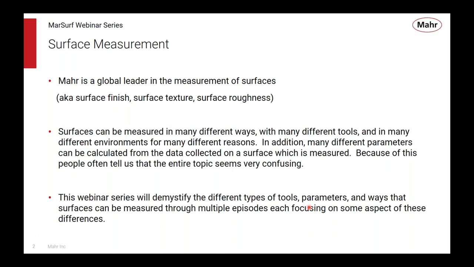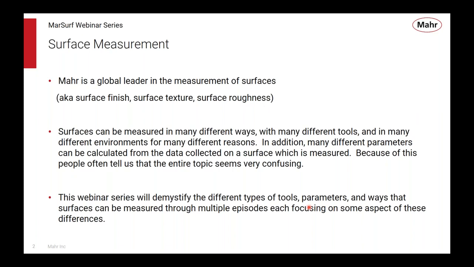Our customers often tell us this is quite confusing, because there are so many different ways to do it and so many different parameters and so many different tools. Some of them have advantages and disadvantages, and some of them can measure certain parameters and not other parameters. For all of those reasons, people frequently tell us it's a confusing topic.